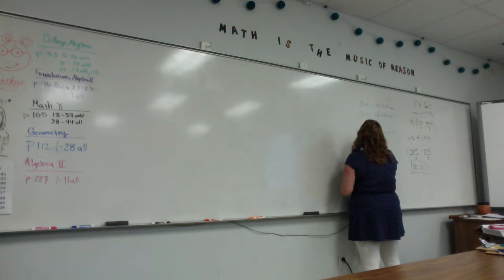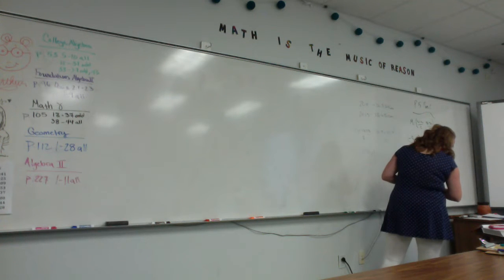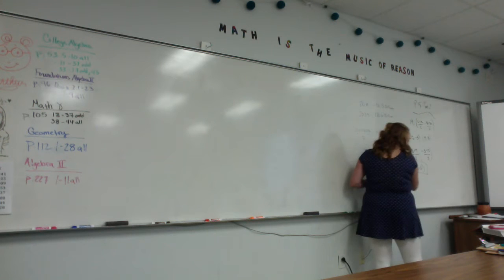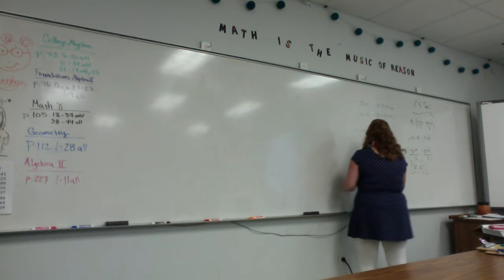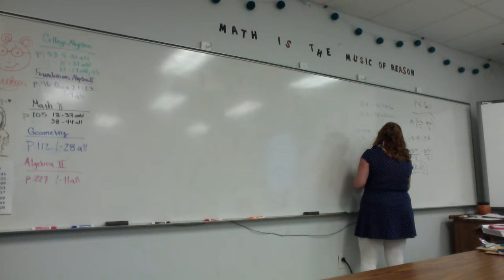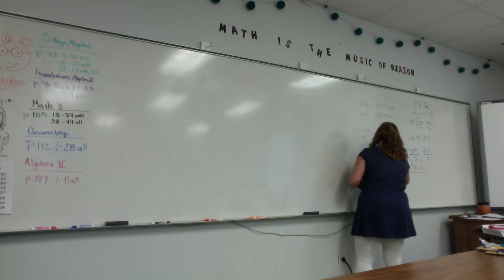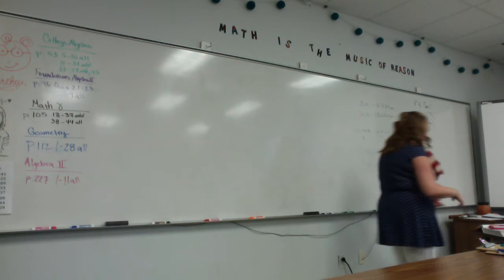So here I have 2012, and here I have 115.75 billion. So you can estimate that they made 115.75 billion in the year 2012. So you can use midpoint for other things besides just distances.